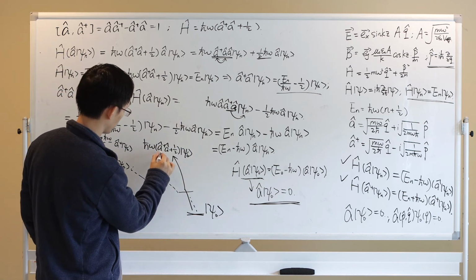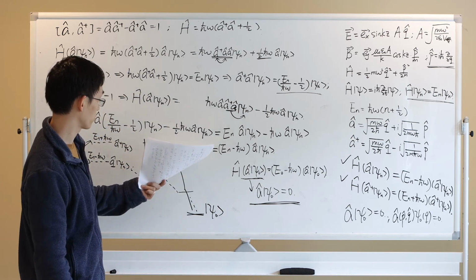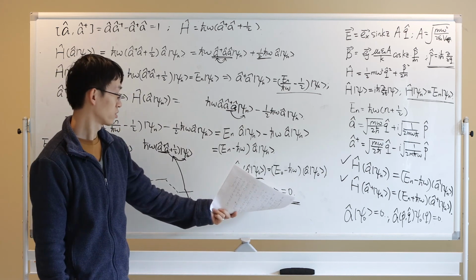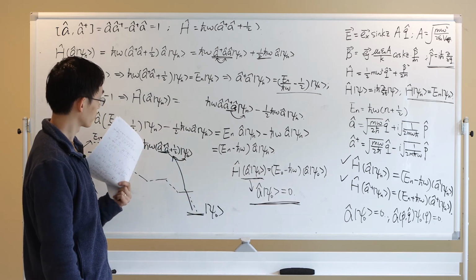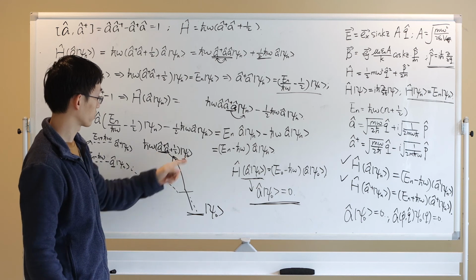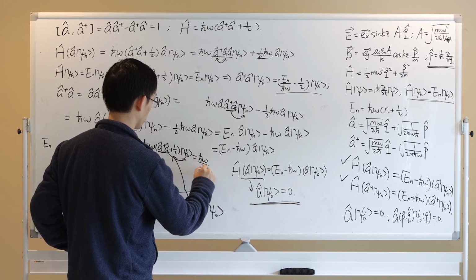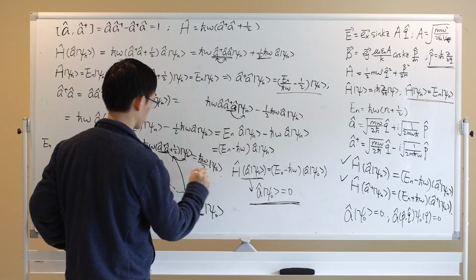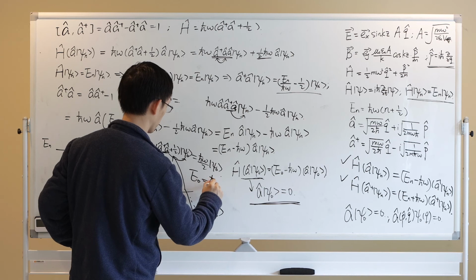And when you have this act here, the A has to first act on ψ0, which is 0. So this entire operator goes to 0 when you act on the ground state. So this thing goes to ħω/2 times ψ0, so E0 equals ħω/2.